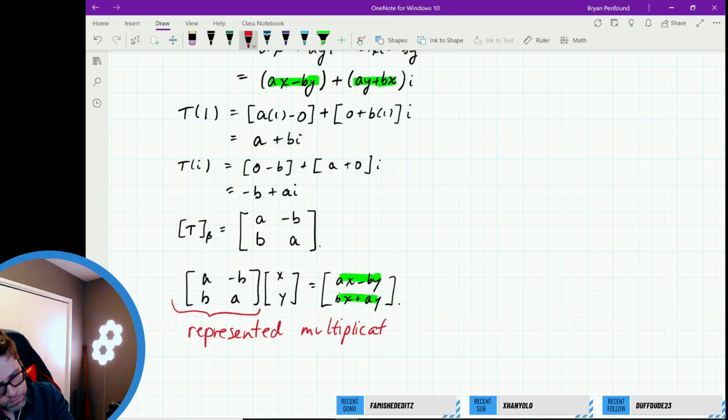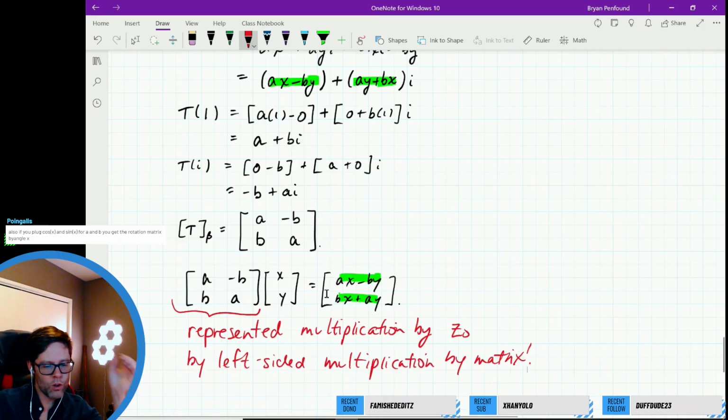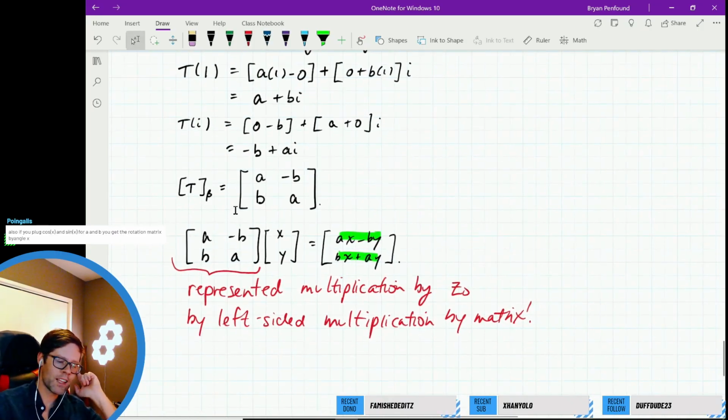That's kind of cool. Okay, so we've represented multiplication by z0 by left-sided multiplication by this matrix. I think that's a really cool concept. I like that a lot.